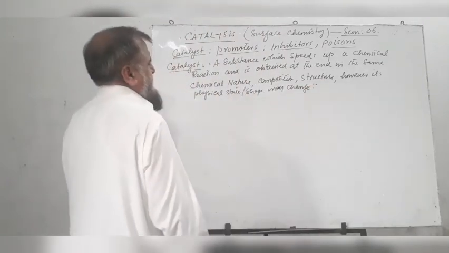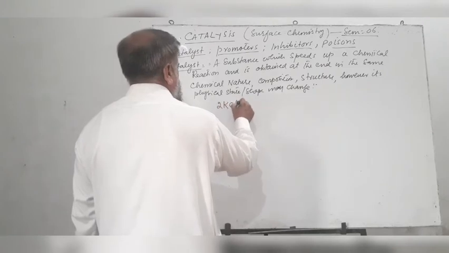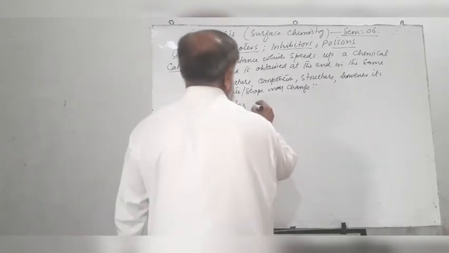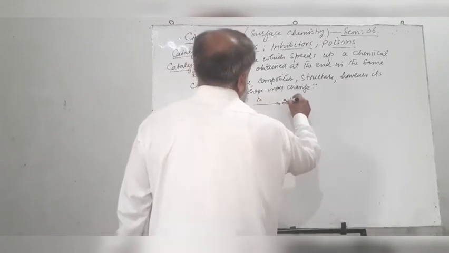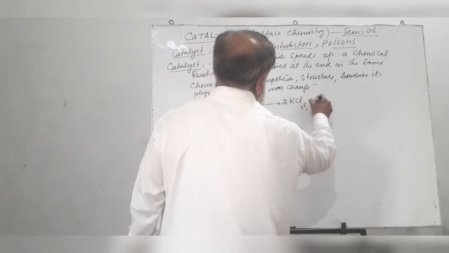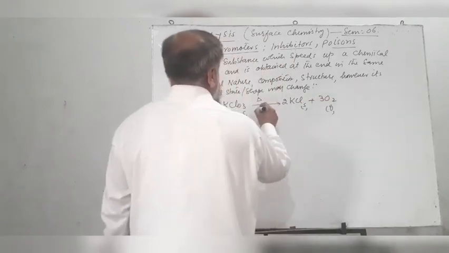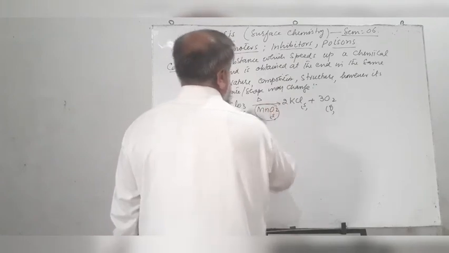For example, oxygen is obtained by the decomposition of potassium chlorate. Solid potassium chlorate is heated and it produces potassium chloride and oxygen gas. In this case, manganese dioxide is used as catalyst, which is a solid.